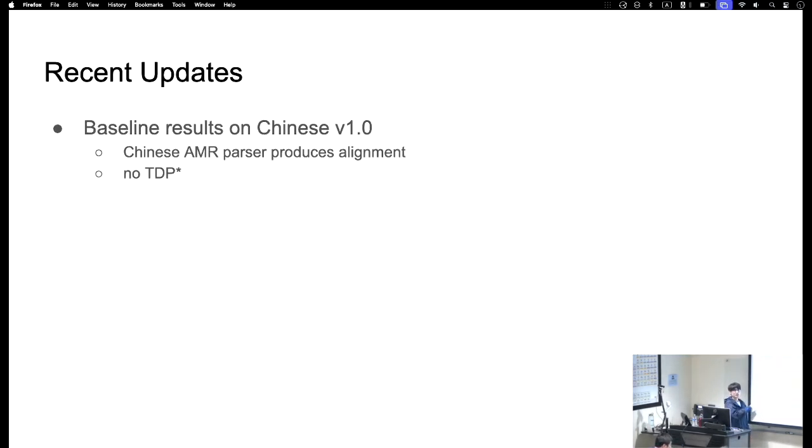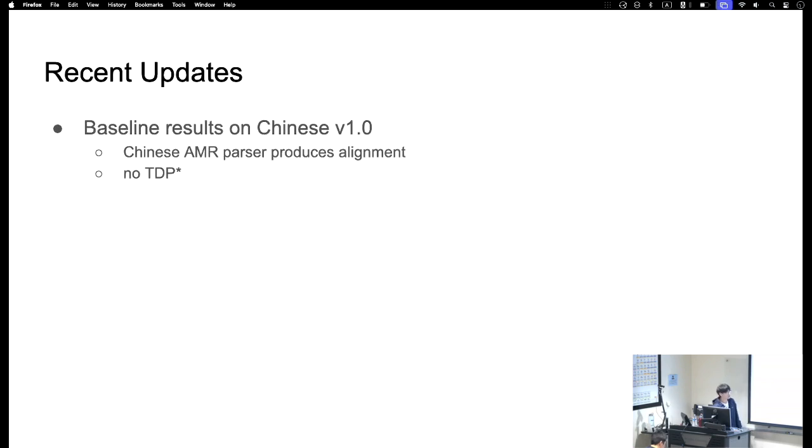In addition to the English results, we do have Chinese results, but I'm going to let Haibo show that because evaluation is more for this project. A quick note about the Chinese parsing is that the Chinese AMR parser does produce the alignment automatically, so that's one less separate model.